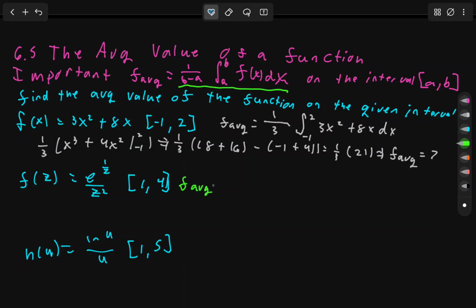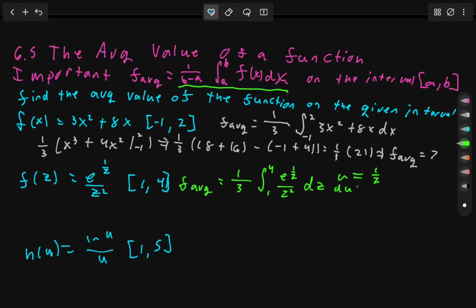F average is going to be equal to 1 over 4 minus 1, which is 3, times the integral from 1 to 4 of e to the 1 over z squared dz. Well, we're going to say u is going to be equal to 1 over z.